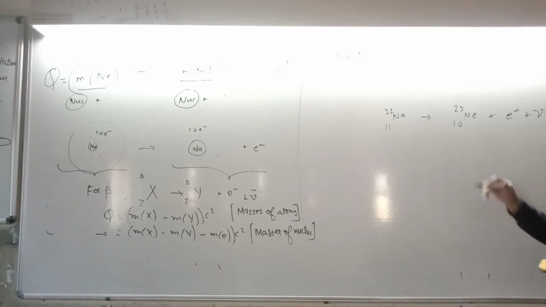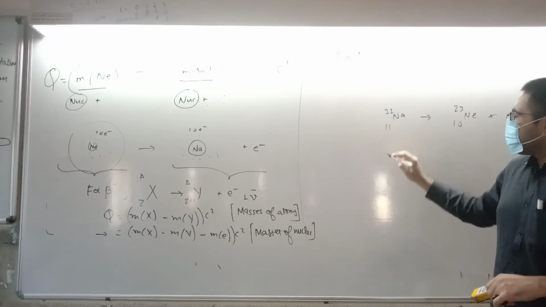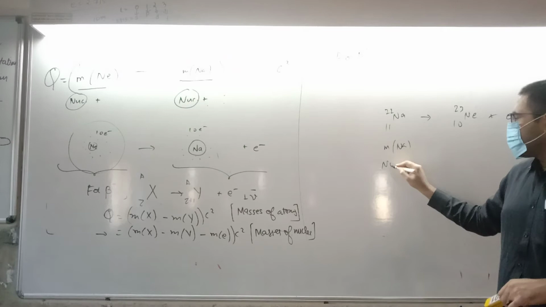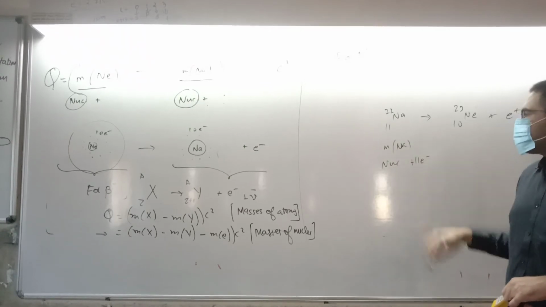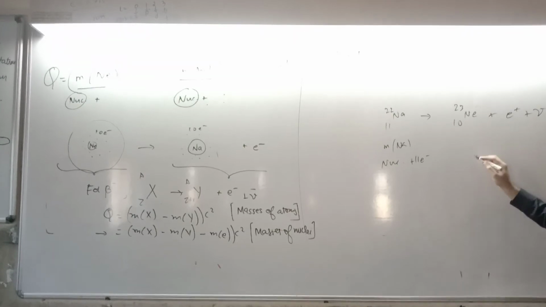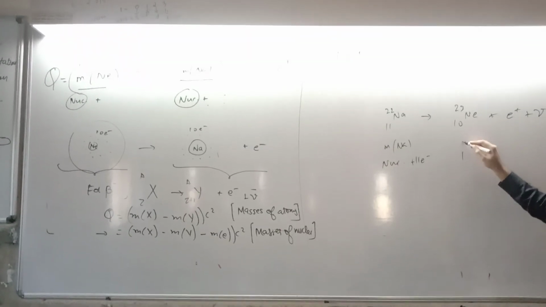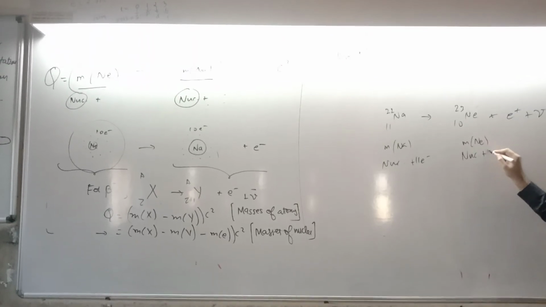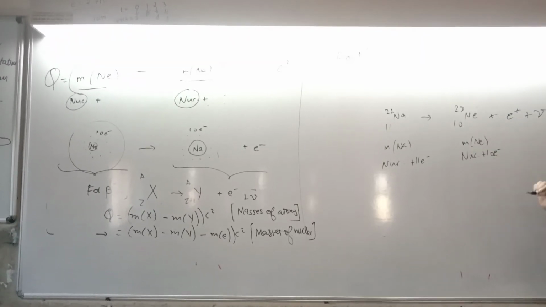Now if you think of it over here, when you write mass of sodium atom, you count the nucleus and 11 electrons. So there are already 11. Now when you go here and write mass of neon atom, then you are including the nucleus and only 10 electrons. But here there are 11.